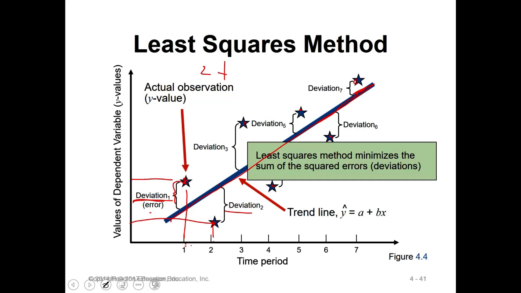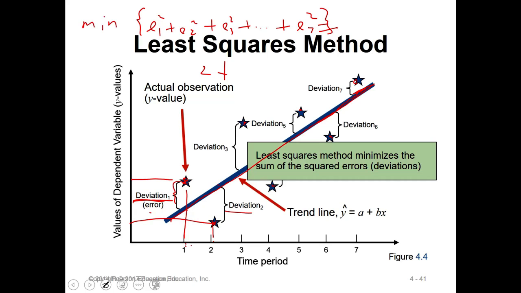We can use a mathematical approach to make sure this sum of squared errors is minimum. The equation is E1 squared plus E2 squared plus E3 squared, up to E7 squared, and we make this entire sum minimum.